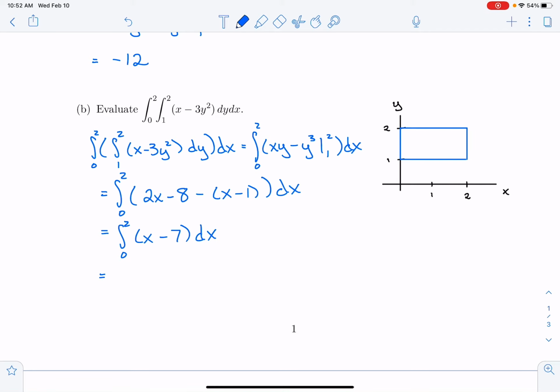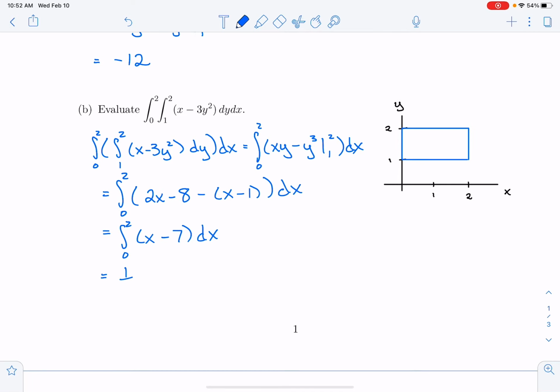Okay, so the antiderivative of x is 1/2 x squared, and then minus 7x. And I'm going to evaluate that between 0 and 2. So that's going to give me 1/2 times 2 squared minus 7 times 2. Okay, and 2 minus 14 is indeed negative 12.